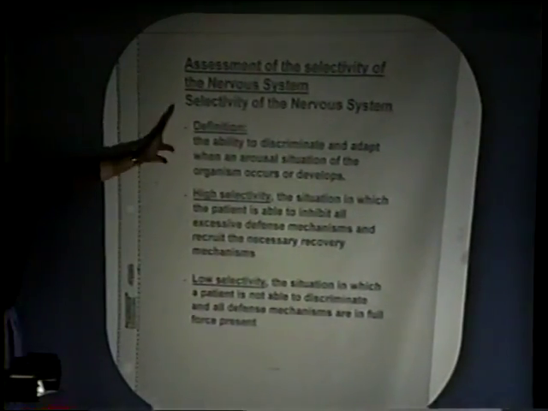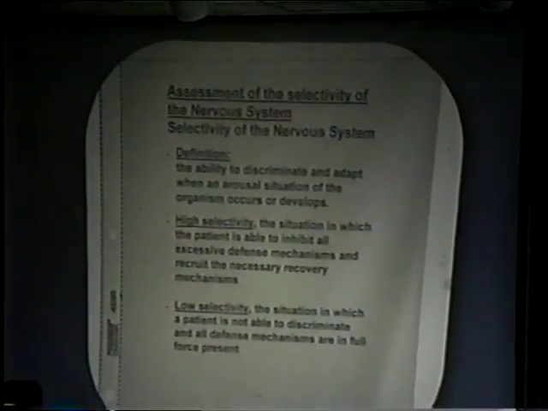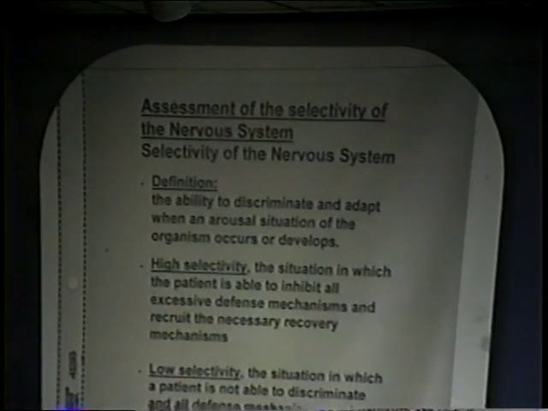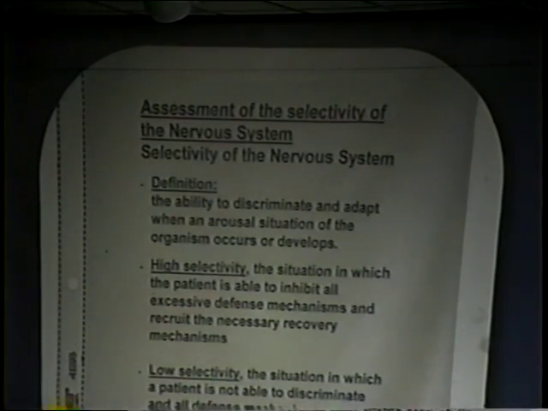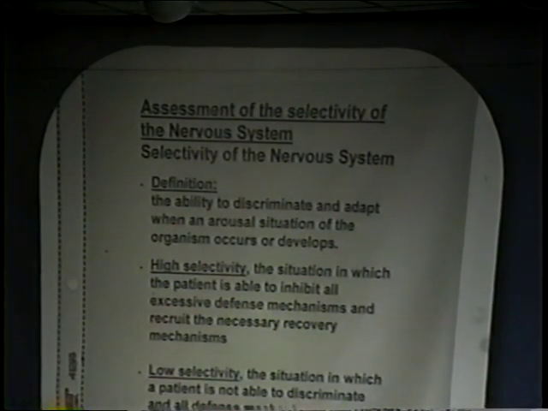And again, this is not of the Institute. Definition: the ability to discriminate and adapt when an arousal situation of the organism occurs or develops. You're walking down the street, it is night, it is San Antonio, I had that, and suddenly something happens, and you're in a bad neighborhood.